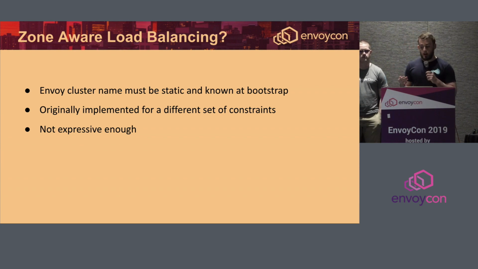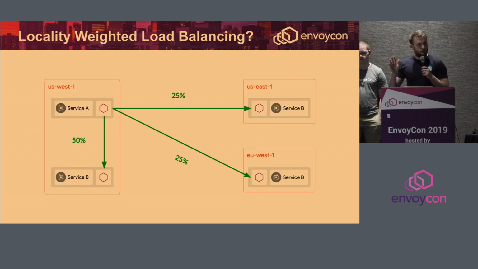And the reason the zone-aware load balancing didn't meet Square's requirements is basically that it wasn't expressive enough to describe their topology. The other option that looks like this is locality-weighted load balancing. But really, locality-weighted load balancing is designed to solve a different problem. It's just weighted based on locality. We actually want 100% to stay in region when everything's healthy, or in a data center when everything's healthy.